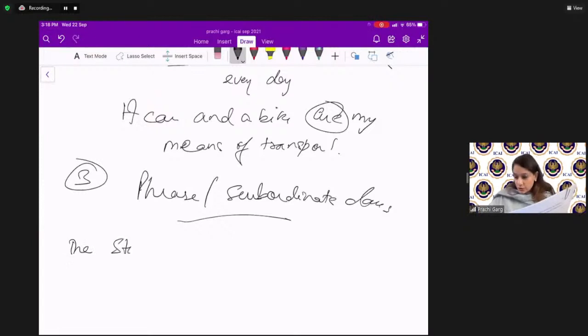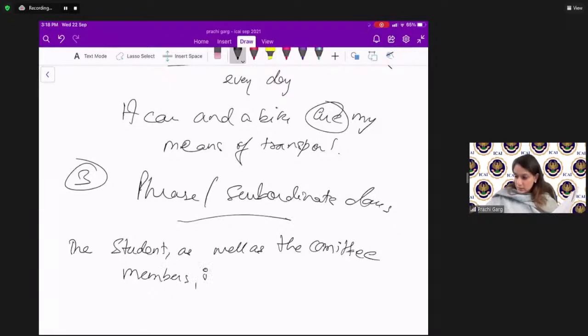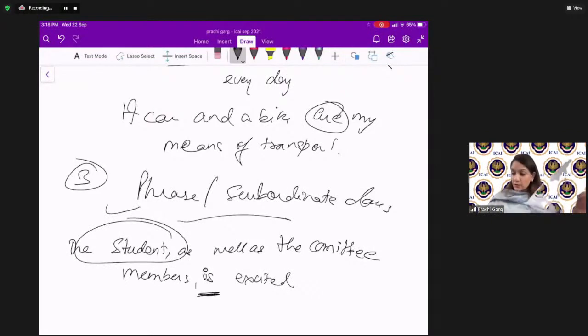The student as well as the committee members is excited. Here my focus and my subject is the student, so my verb will be related to the student only. Am I clear? Yes.